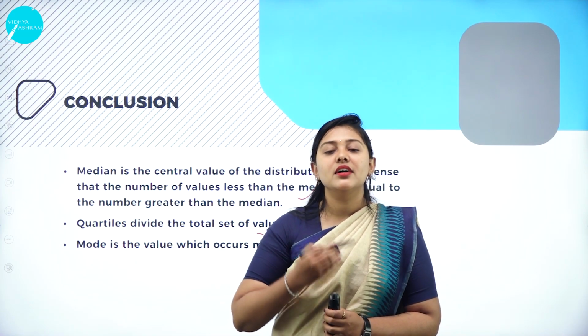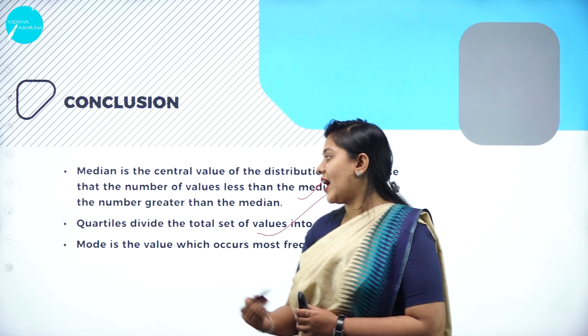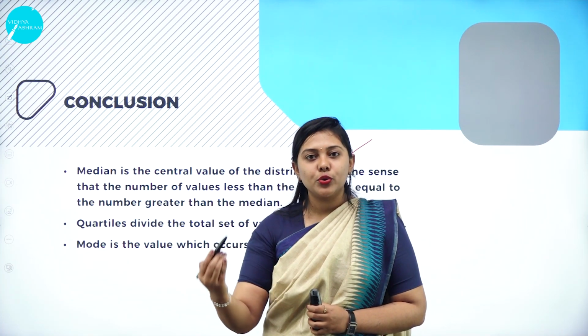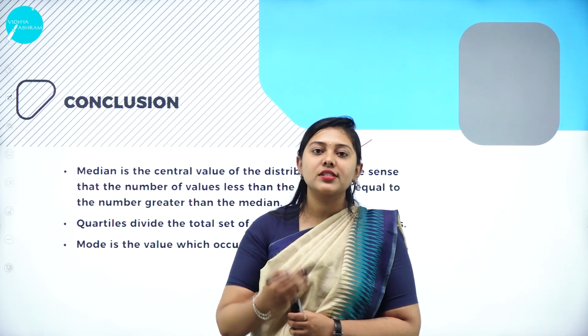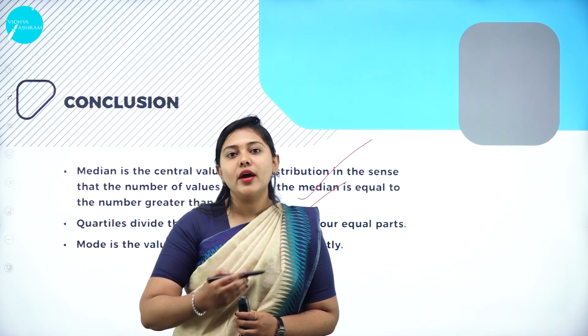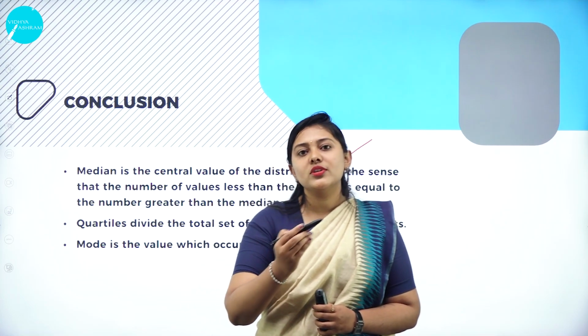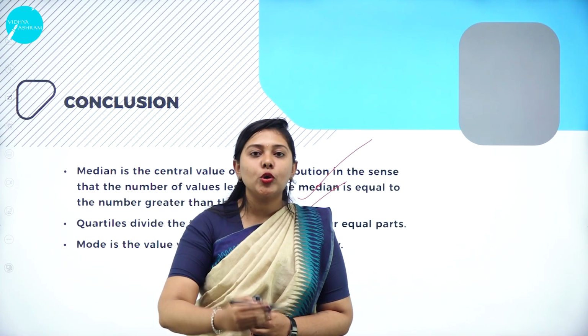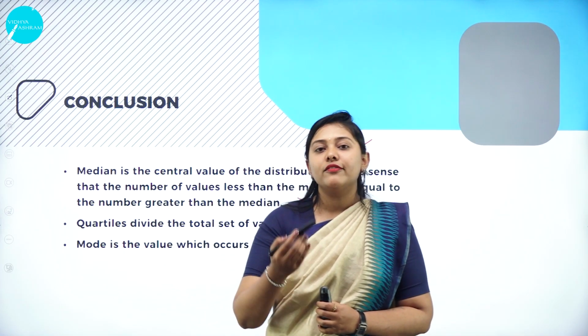Quartiles divide the data into four equal parts, and we have discussed Q1, Q2 and Q3. Q1 is called the lower quartile, Q2 is called the median and Q3 is called the upper quartile. We have also discussed the various formulas to compute Q1, Q2, Q3.